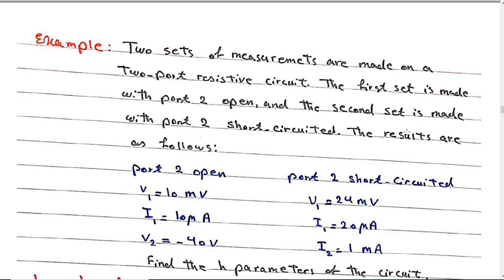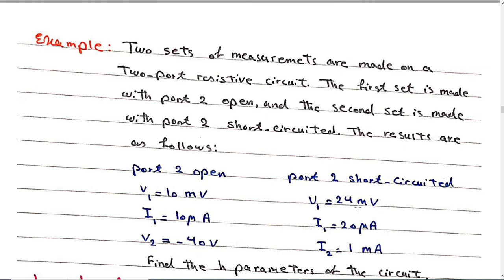And the second set is made with port 2 short circuit. When we say port 2 is short circuit, it means, which voltage is 0?